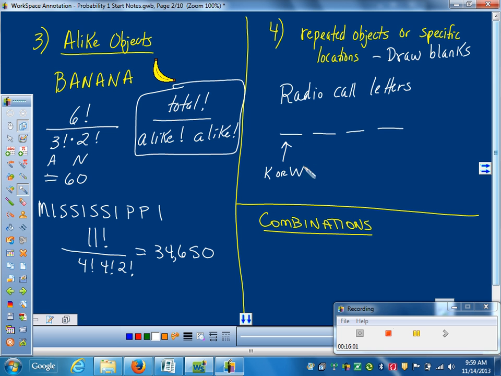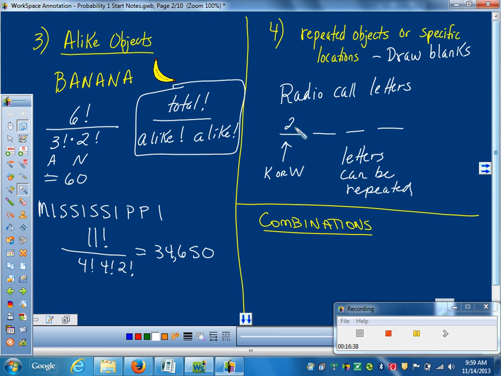So the first letter has to be a K or W, but the other letters can be anything. Are they allowed to repeat the letters? Yes. Can you repeat the K or the W? Yes, you can. So how many choices would you have for the first?